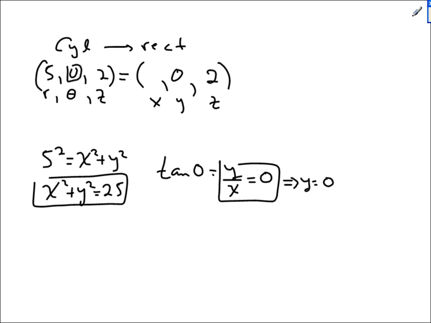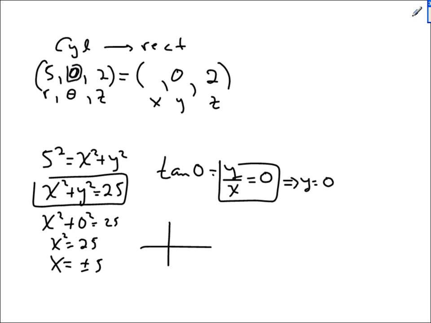Y is 0. Let's put it in before we forget. So x squared plus 0 squared is 25. X squared is 25, so x is plus or minus 5. And then you realize, oh, theta is 0.